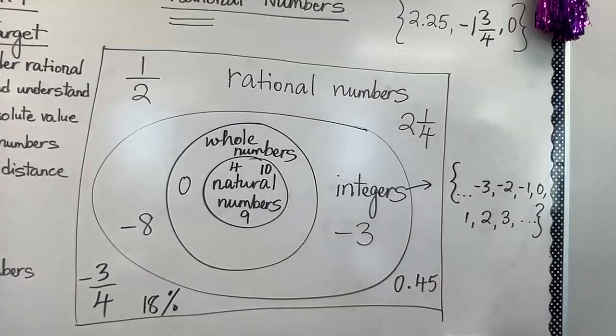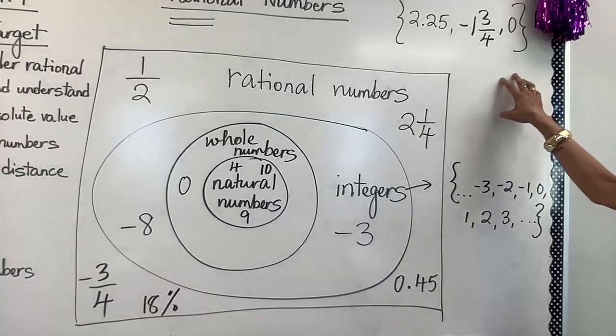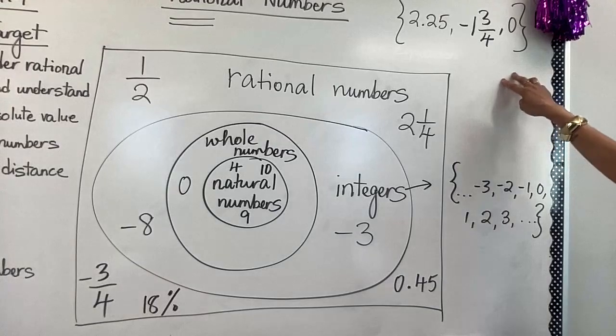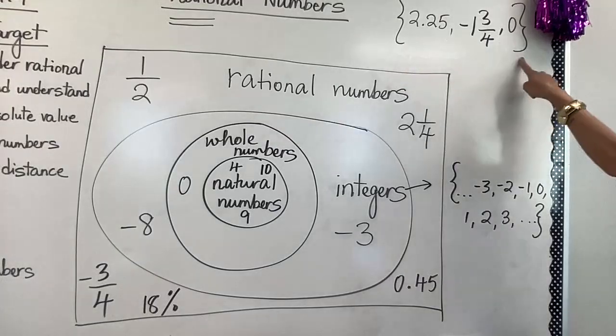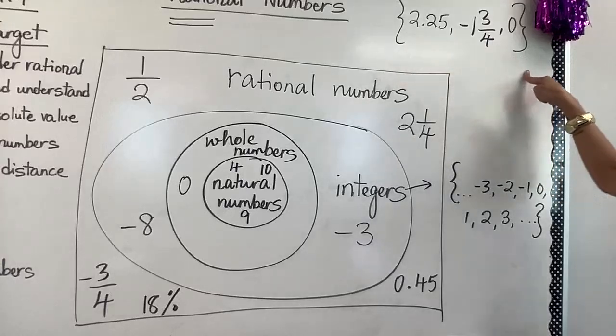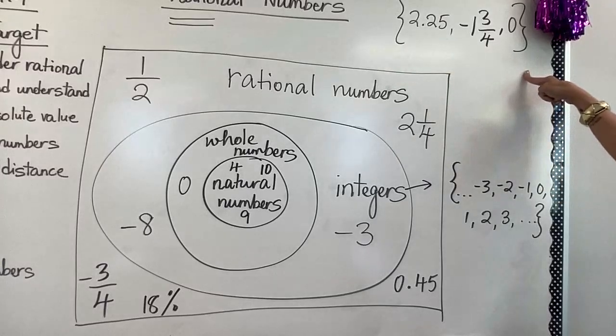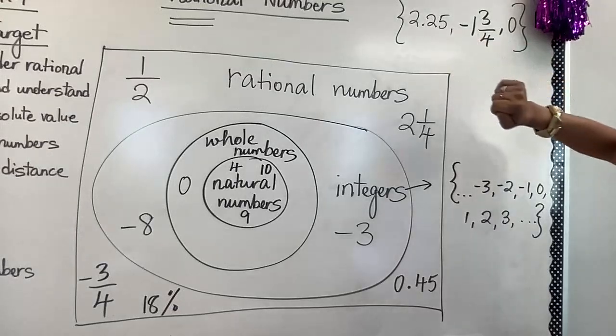Rational numbers and sets of rational numbers can be graphed on a horizontal or a vertical number line. And we always write rational numbers within these braces like I have done. To graph a rational number on the number line, we are going to place a dot at its location. So let's look at this.